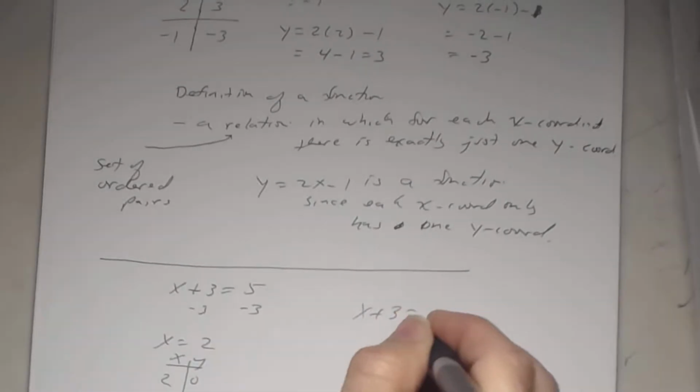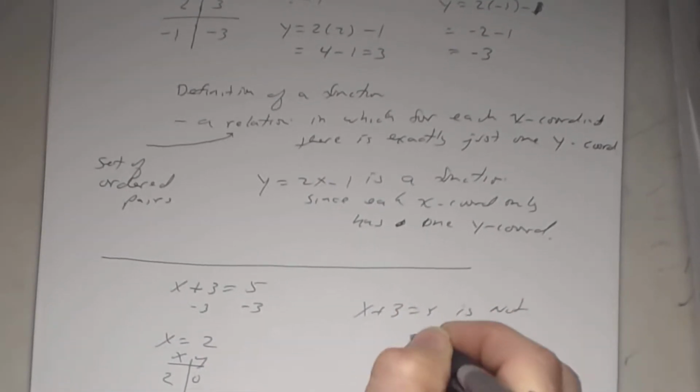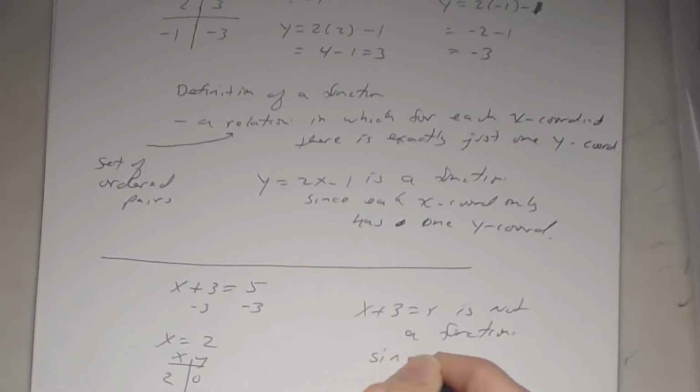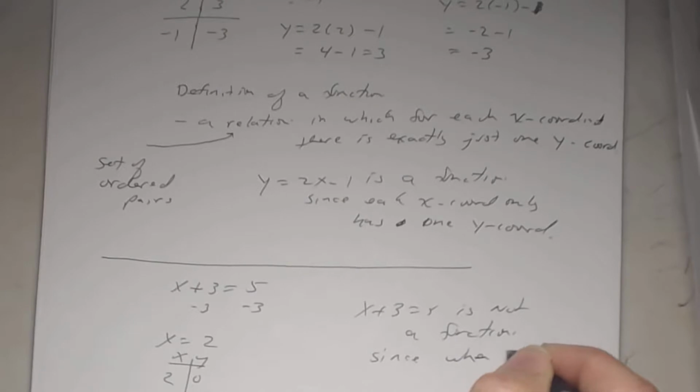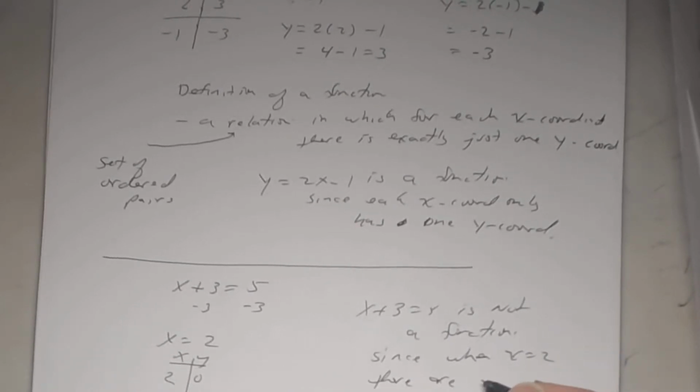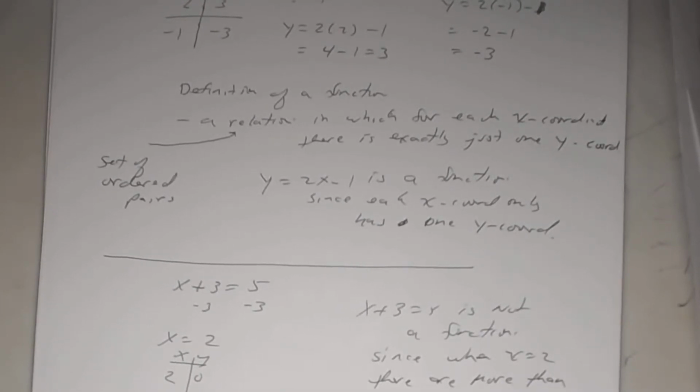So x plus 3 equal 5 is not a function, since when x equal 2, there are more than one y coordinate.